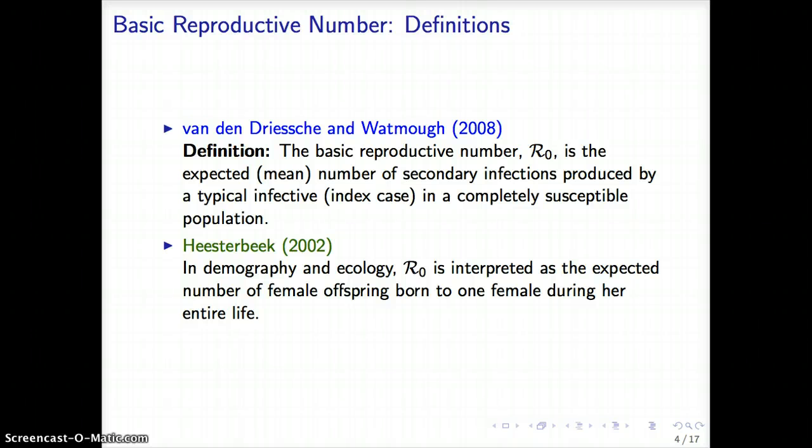There is also reference to the context of R naught in demography and in ecology, where R naught is interpreted as the expected number of female offspring born to one female during her entire lifetime.